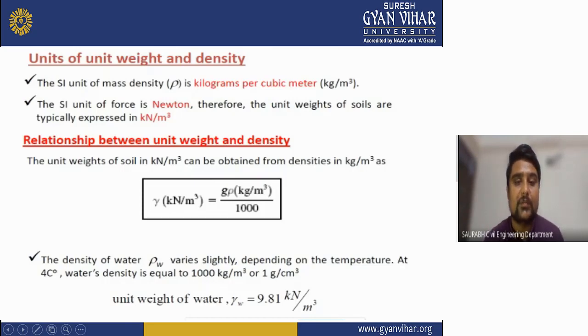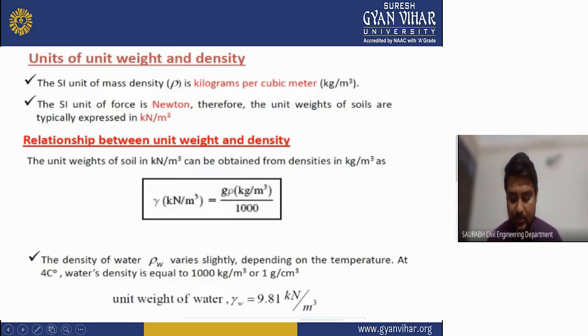The relation between unit weight and density is gamma, which shows the density of a soil.